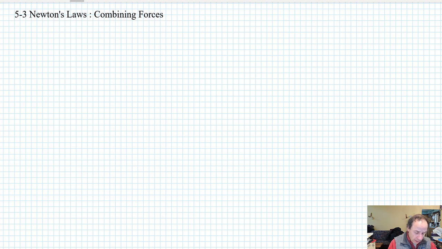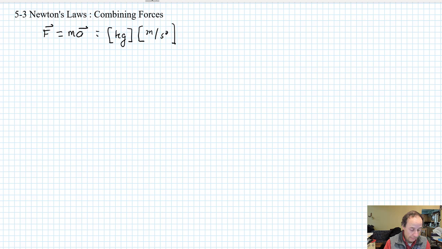So the units of force, I'm pretty sure you know this, but just to be clear, force is mass times acceleration. So if we work out the units here in SI, units of mass are kilograms, units of acceleration are meters per second squared.